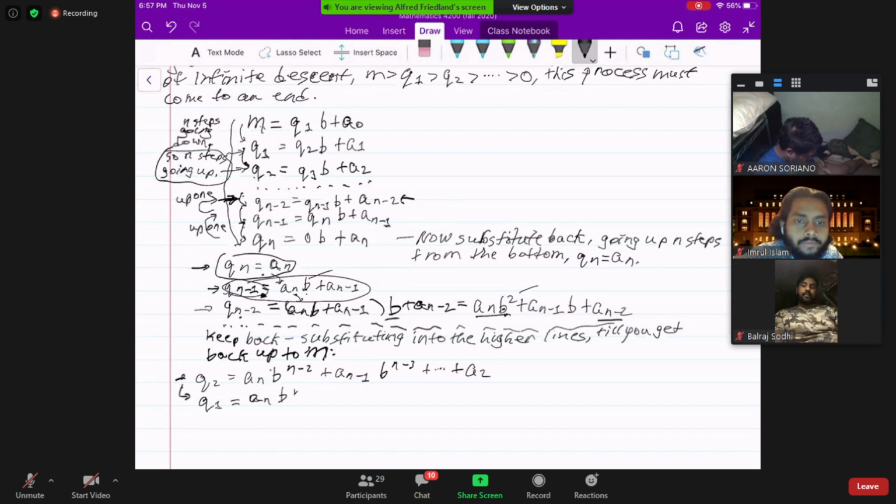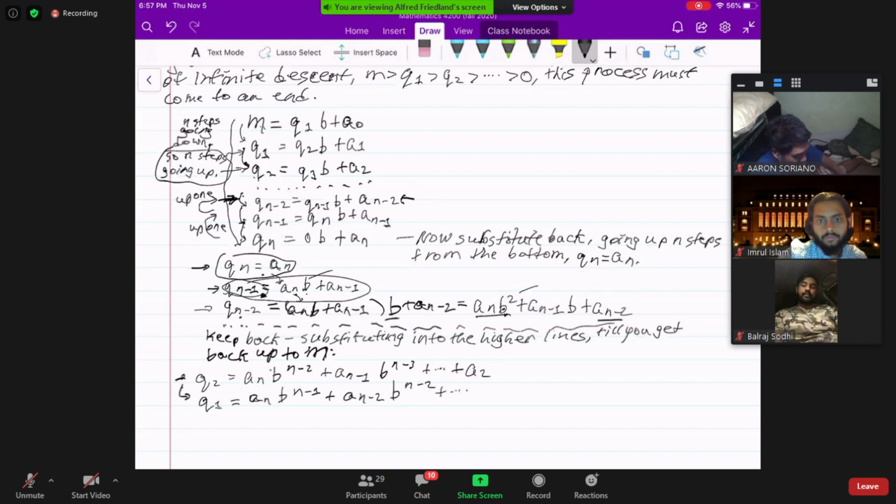So it's going to be B to the n minus 2 plus 1, you're increasing it to the n minus 1, plus, and then we have A sub n minus 2. And again, we're multiplying by B. So B to, make sure your subscripts look like subscripts, not coefficients. B to the n minus 2 plus, and this keeps going down.